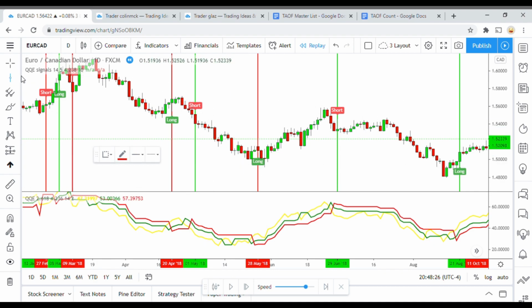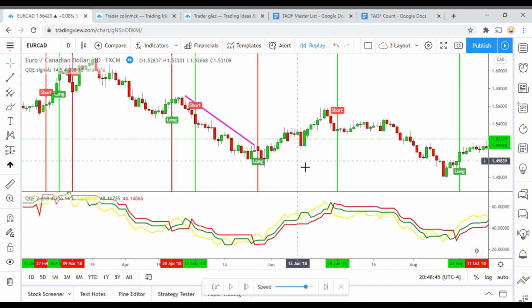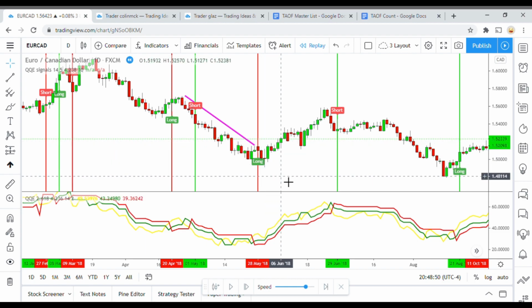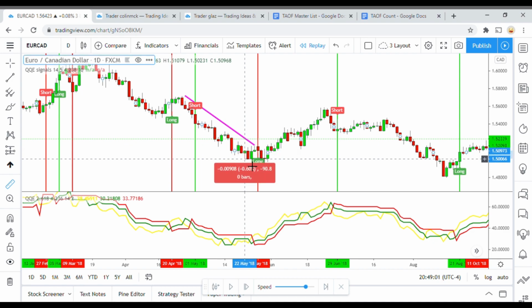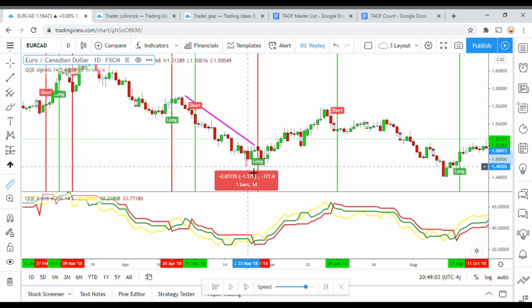So this one right here, if you were in that trade from there to there, you can see that it called a long right here, which you could say would be your signal to exit. And you can see that's not too far from the bottom before this thing took back off in the other direction. I mean, that's about as close as you can get to the bottom.